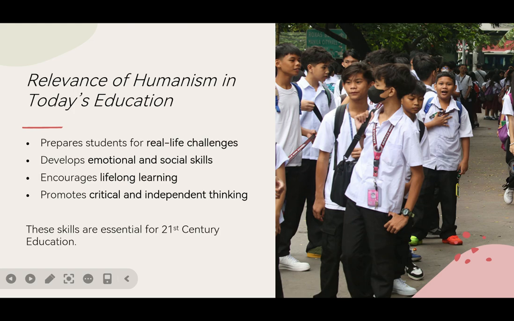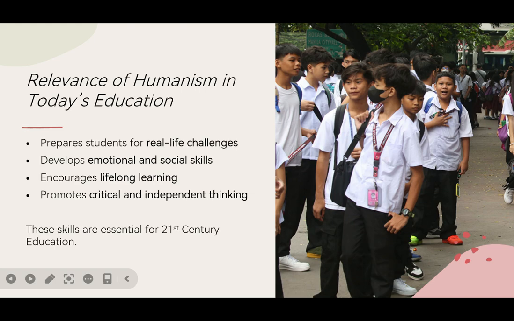So for its relevance today, humanism prepares students for real-life challenges, develops emotional and social skills, encourages lifelong learning, and promotes critical, independent thinking skills. Now, as we all know, all of these four are really essential in 21st century education.